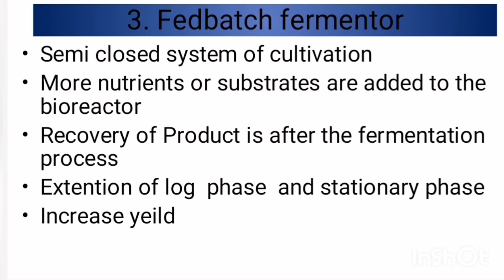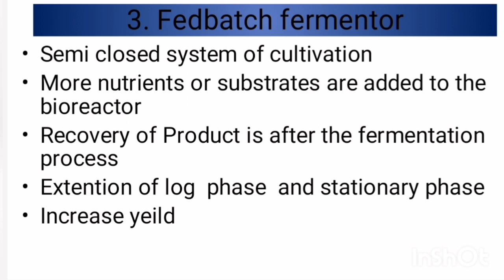Third one, fed batch fermenter. It is also called a semi-closed system of cultivation, and it is used for the production of recombinant protein. Fed batch fermentation requires more careful monitoring, so it is not preferred for industrial purpose.